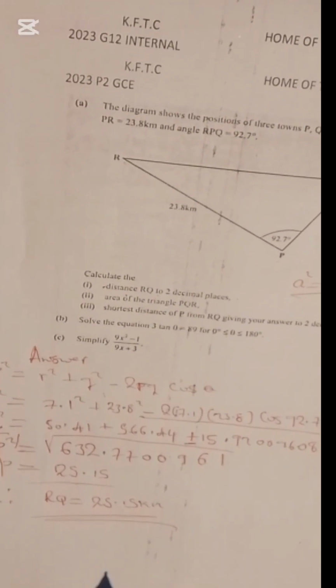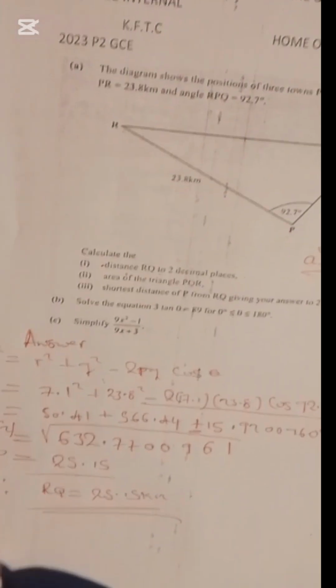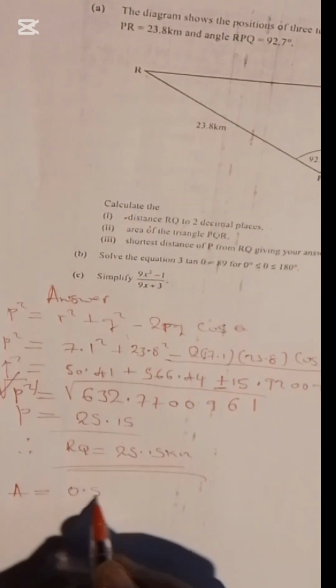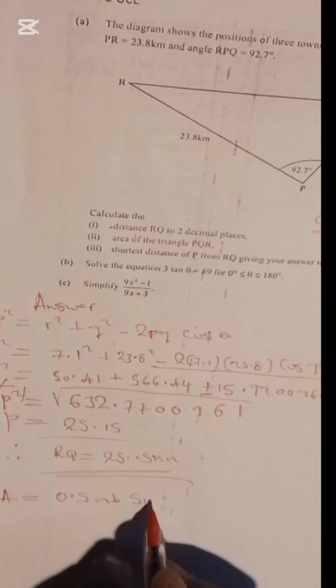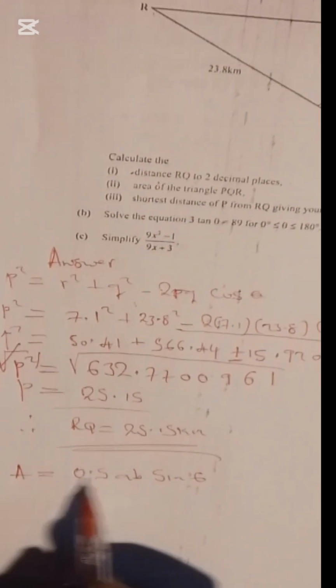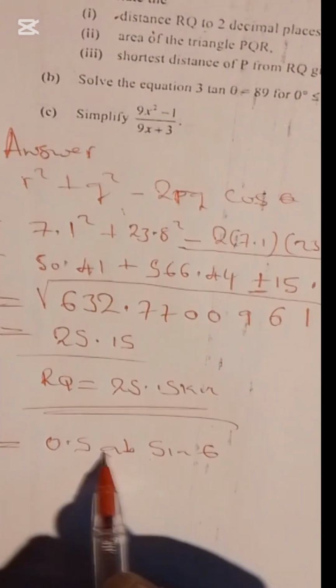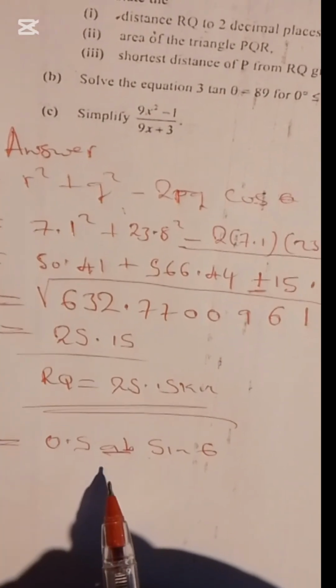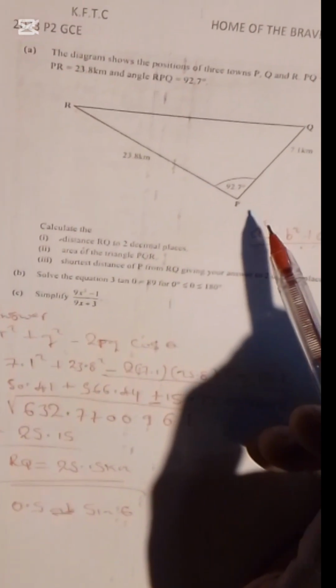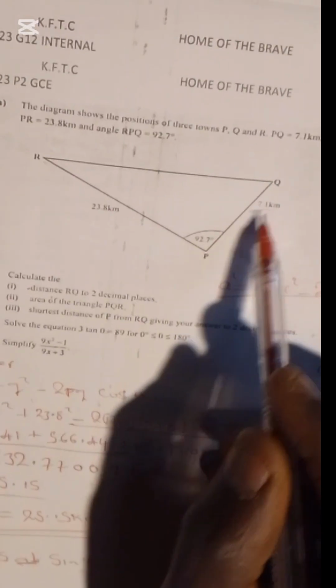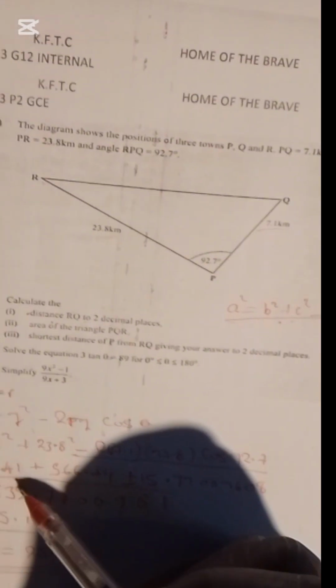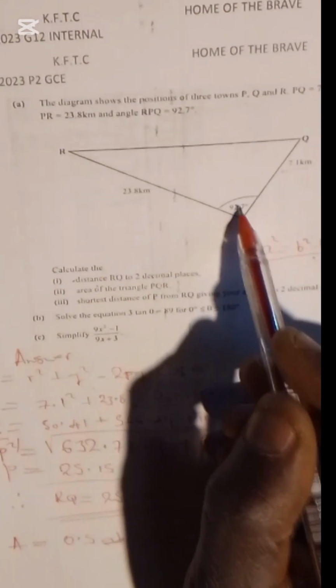Then they want us to find the area. When you're finding area, it equals 0.5 AB sine theta. Others choose to write 0.5 as half, 1/2. And then AB represents the two sides that enclose the angle. So in respect to this shape, the AB will be 7.1 and 23.8, and the sine theta will be the angle there.